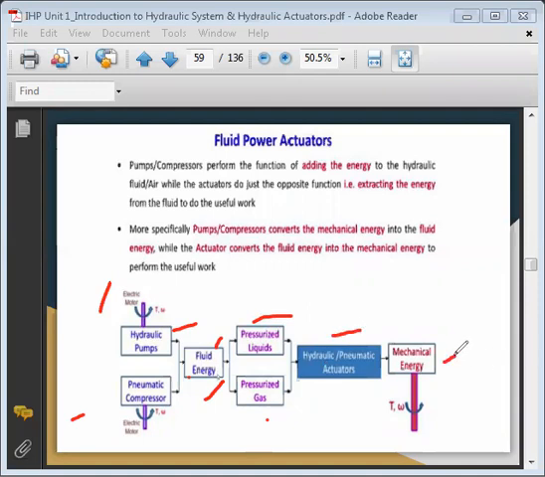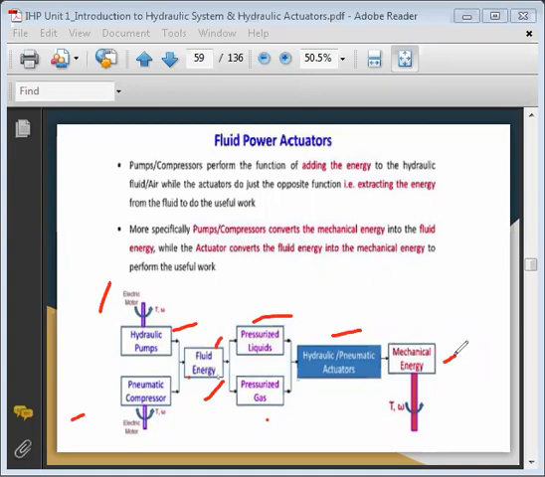That means your torque or your angular velocity. Both the pump and the compressor convert the mechanical energy into the fluid energy.